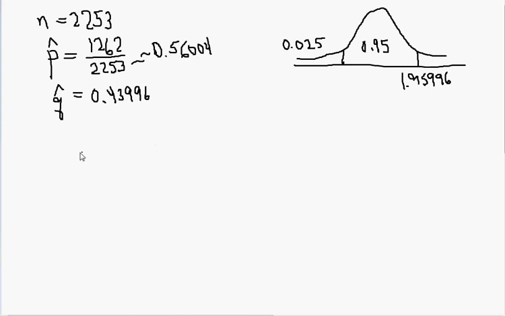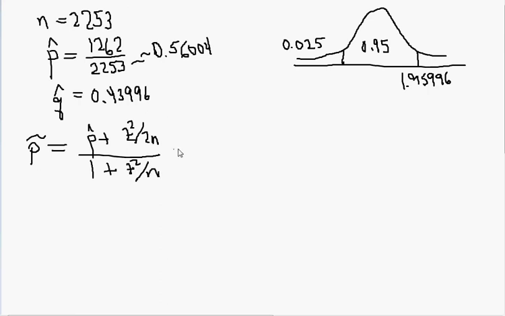Okay, so then it's just a matter of plugging into the formula. P tilde works out to be, let me write out the formula, p hat plus z squared, where z is 1.95996, over 2n, and n of course is up here, divided by 1 plus z squared over n.